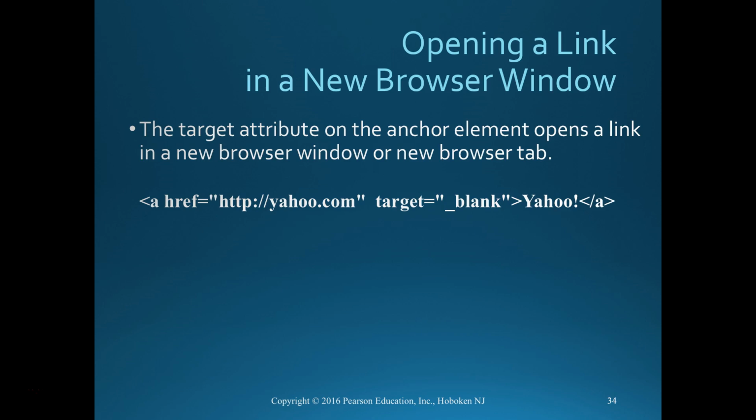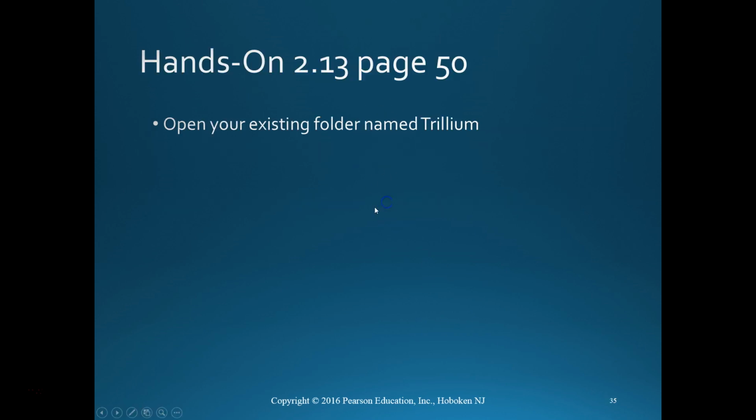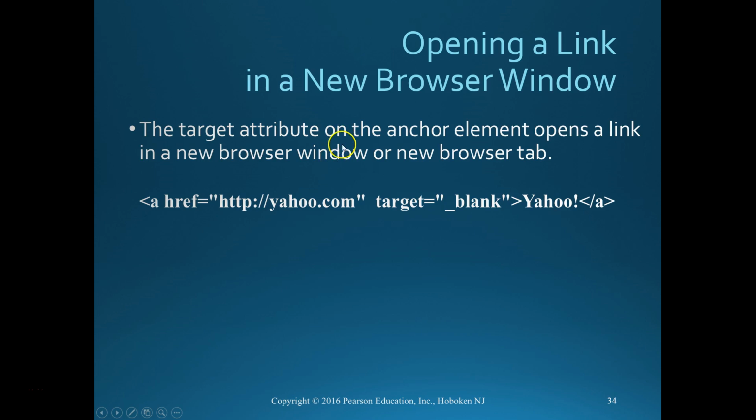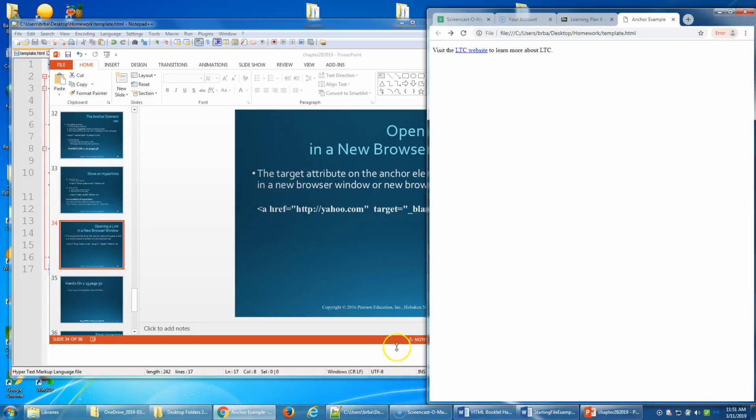If we wanted to open a link in a new browser window, we need to add one line of code inside that opening anchor, for example, the one that we have right now about go to LTC. We would add this one term, target equals, and then in quotations, underscore blank. So let's pop back over to our notepad.